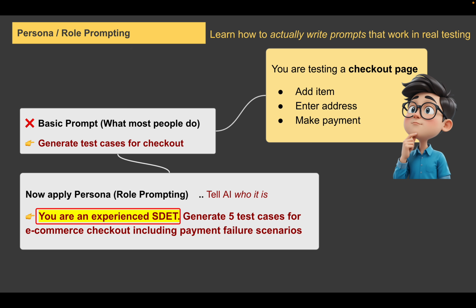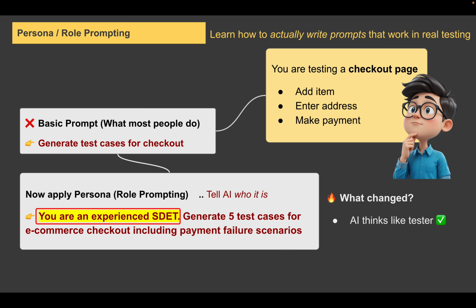So what changes here? By adding the role or persona, it makes the output much better, and it makes AI think as that particular role or that particular person, or only check in that particular field.